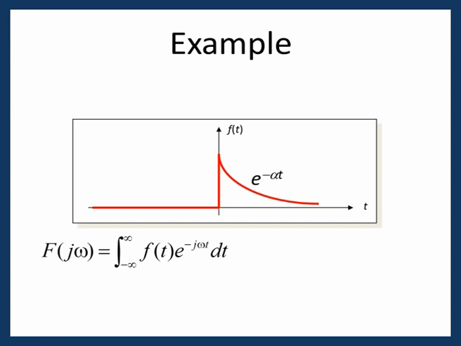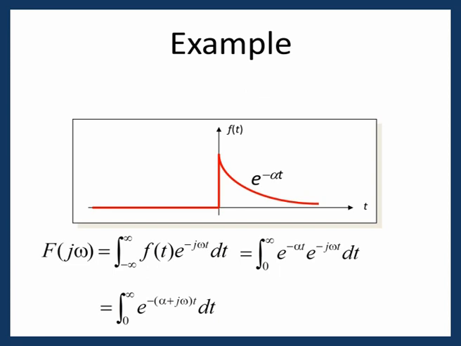Okay, let us again replace the limits. What are the limits now? The limits will be from 0, isn't it? So it will be 0 to infinity e to the power of minus alpha t into e to the power of minus j omega t dt. When I integrate this, the next step will be the integral from 0 to infinity of e to the power of minus (alpha plus j omega) t dt.